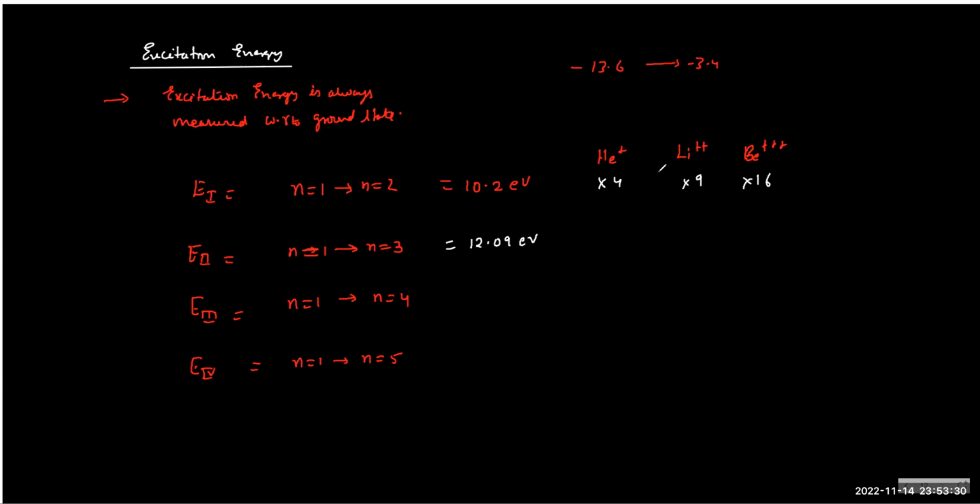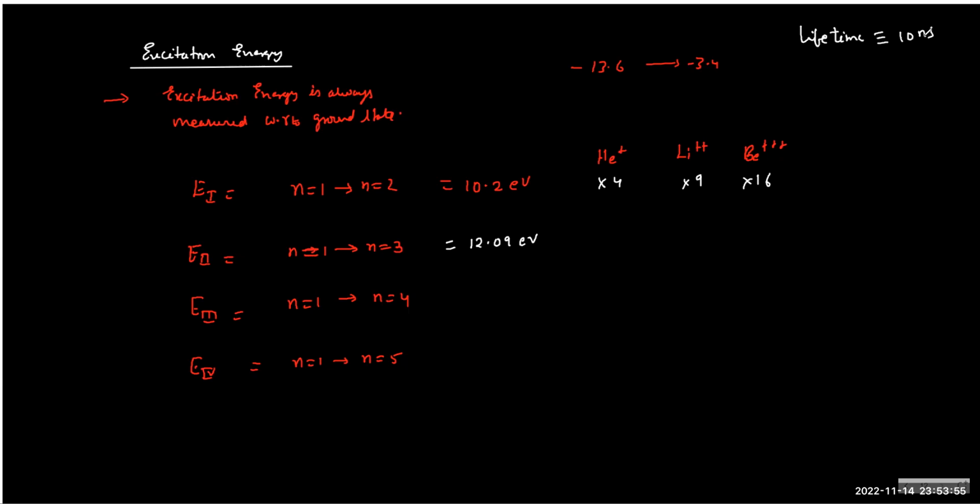Now the lifetime of an electron in the excited state is only 10 nanoseconds. What is the lifetime of any electron in a higher orbit? 10 nanoseconds. How big is 10 nanoseconds? It's very small for us.